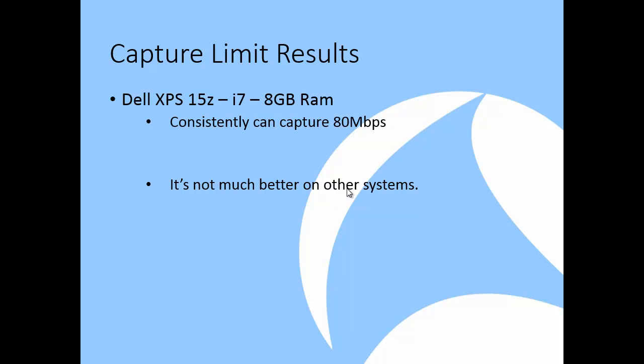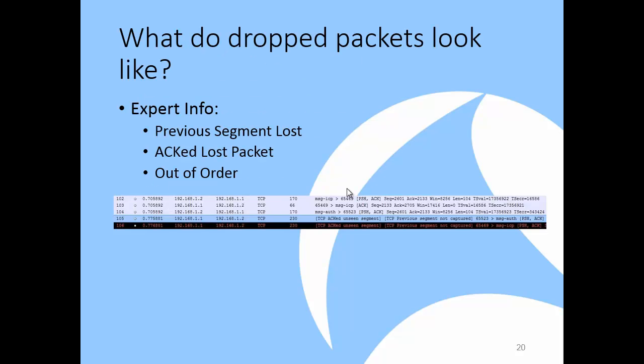So right there, my mental threshold when I'm capturing on a laptop, when I plug into a connection, if that connection's over 100 megabits per second, or 10% of a gig stream, then my eyebrow goes up. I start to get concerned. I begin to question whether I'm effectively able to capture everything.